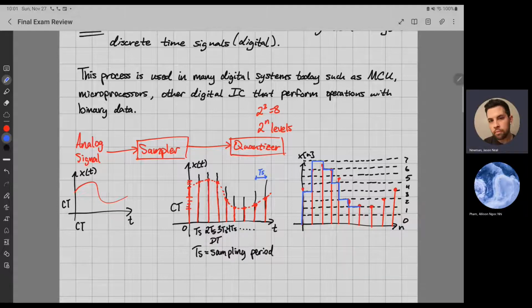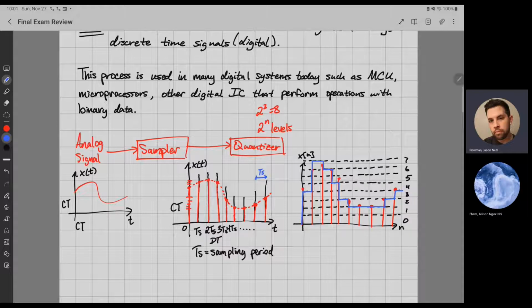Something like this. Okay, so this is what the quantizer would produce. It would produce a fully digitized signal from this analog signal.